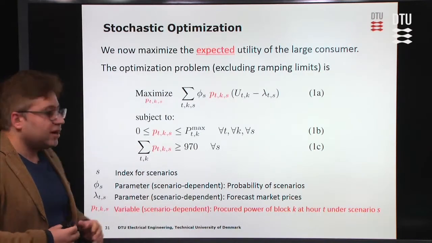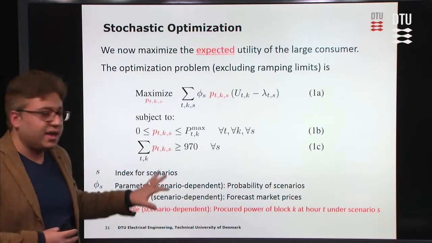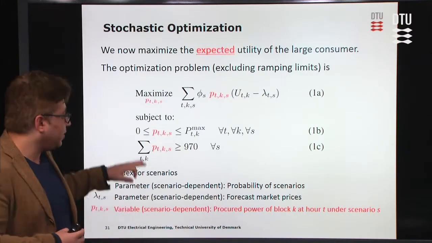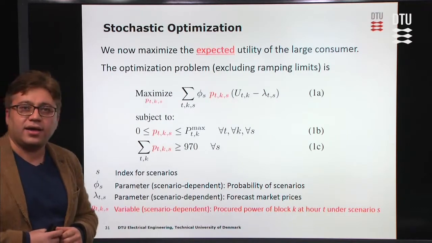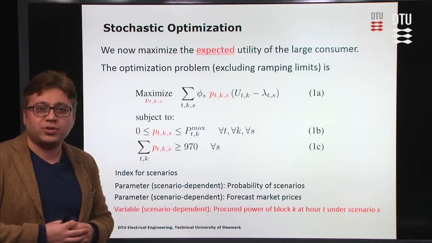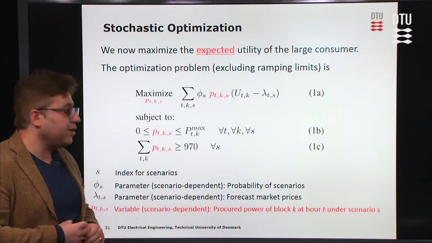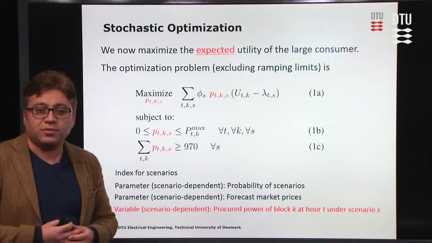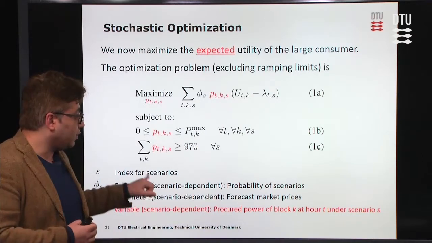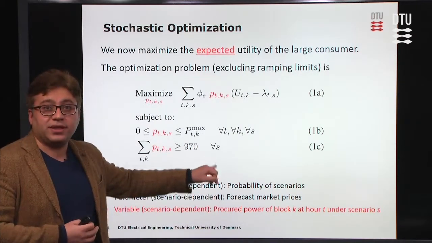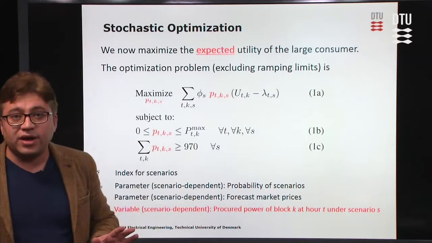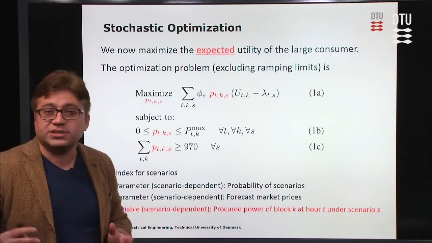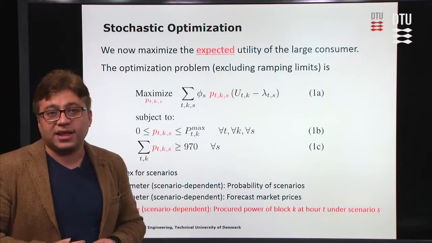We have similar constraints as before, and for simplicity I dropped the ramping constraints, but we still have the limits for procured power and the minimum total energy requirement of the large consumer. Of course, it's scenario dependent: whichever scenario happens, my total energy procured in all 4 hours should be at least 970 megawatt.